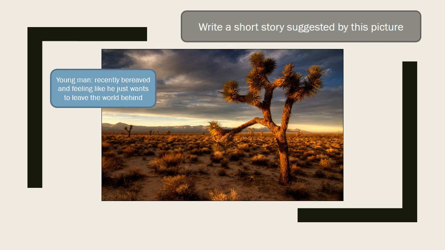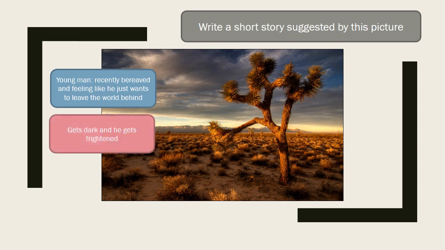Recently bereaved, and he feels like he just wants to leave the world behind. So I'm already in a situation which is very clear, got a very clear mood, a very clear setting to begin with. What's going to happen to him? I told you it was subtle. The event is basically, it's going to get dark and he's going to get frightened.